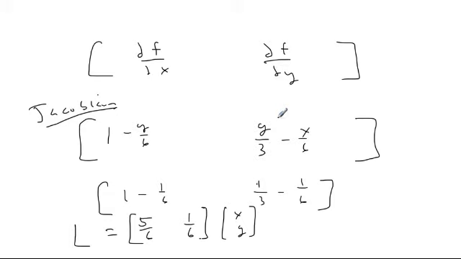In other words, it's the linear function which best approximates your original function at that point. And we can write an equation for a tangent line just by taking our Jacobian matrix, writing a linear function with it, and making sure that we translate all the coordinates to that point.